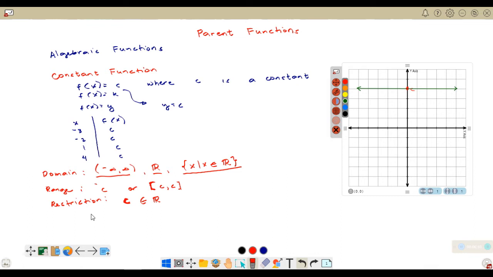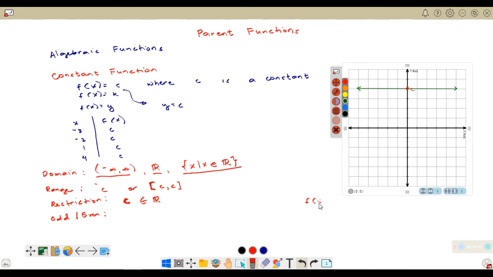Now, what will be the nature of this function? Is it odd or even? So, let's put it here, is it odd or even? You have to recall that if functions are even, they are symmetric about the y-axis. If it is odd, it is symmetric about the origin. Or you can also test it this way.